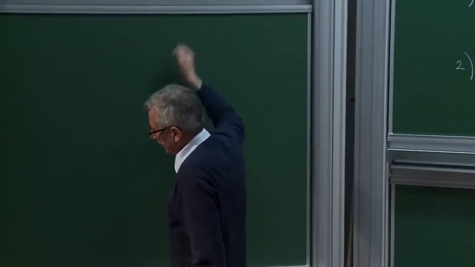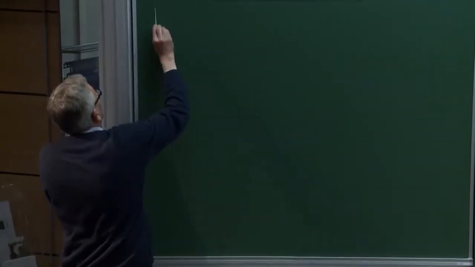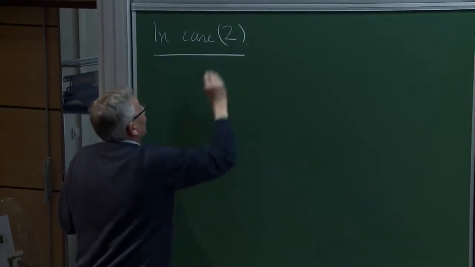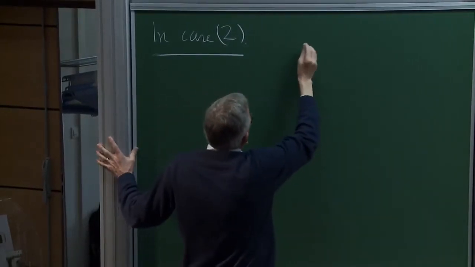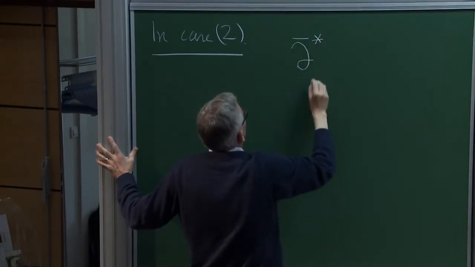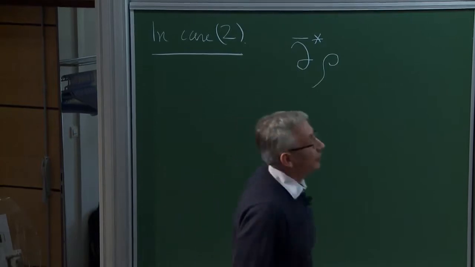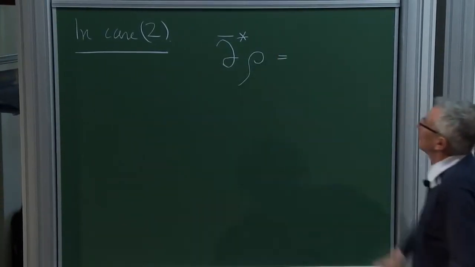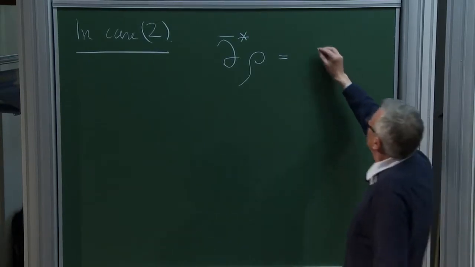So let me just remind you of how the proof of that goes. So in case 2, what we always have is a Kähler identity, which says if we take d bar star of the Ricci form, then that's equal to taking d of the trace of the Ricci form, which is just d of s.